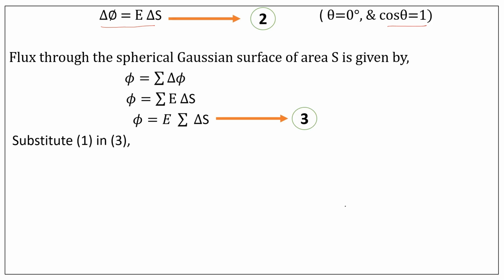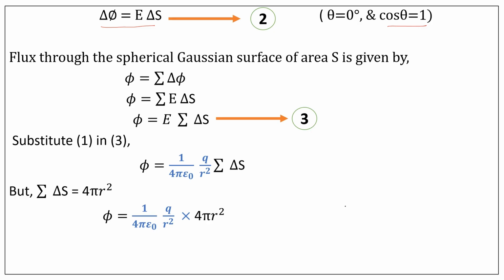Now, substitute equation 1 in 3. We get phi is equal to 1 by 4 pi epsilon naught into Q by r square into summation of delta S. But summation of delta S is equal to 4 pi r square.